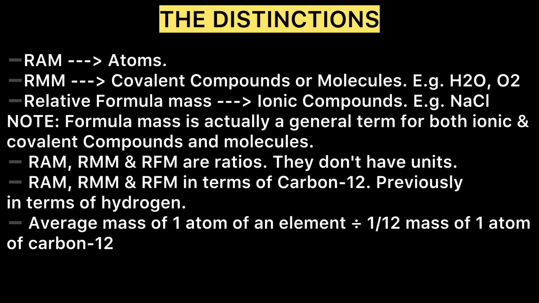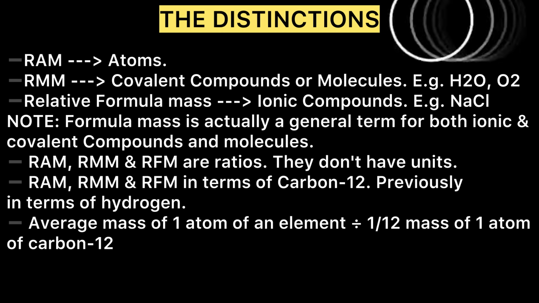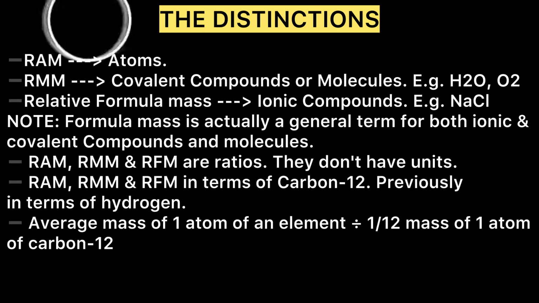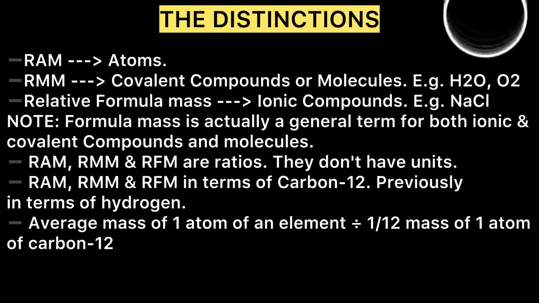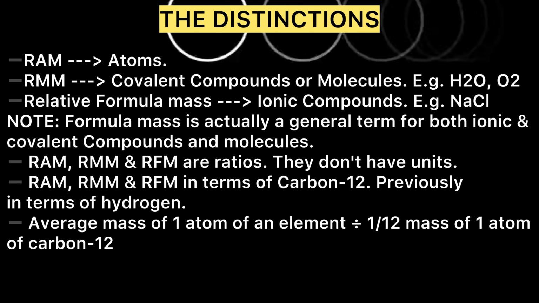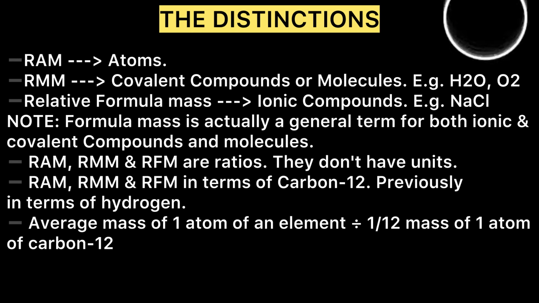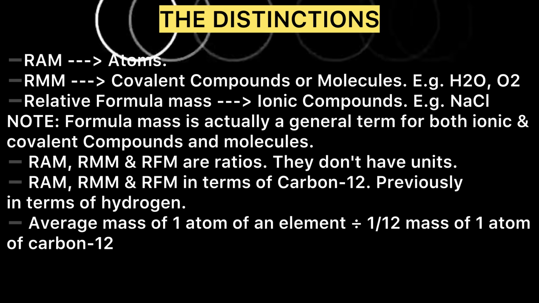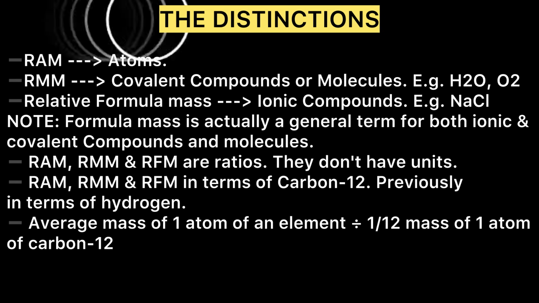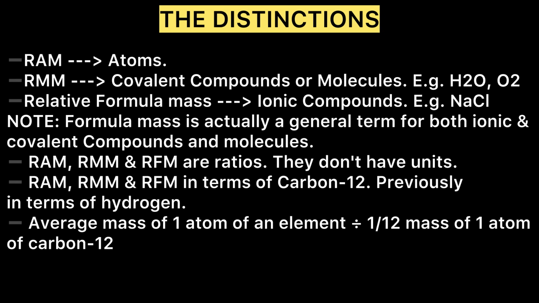Carbon can exhibit carbon-12 and carbon-14 as isotopes, but we are using carbon-12. You must specify and look at your options very well. You may put carbon-14, it's wrong, and you now put none of the above. You must take note that it's carbon-12 and not just carbon or carbon-14.